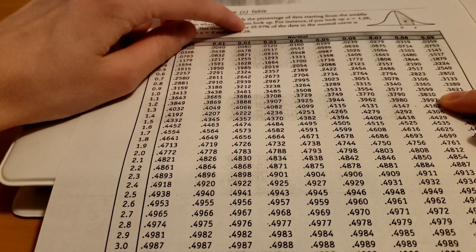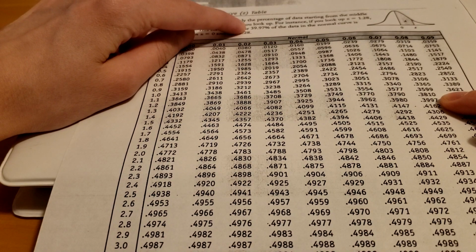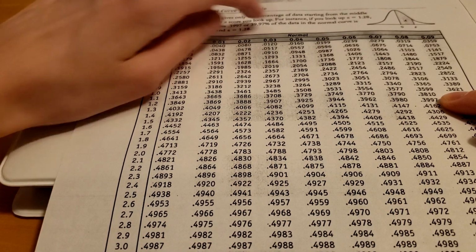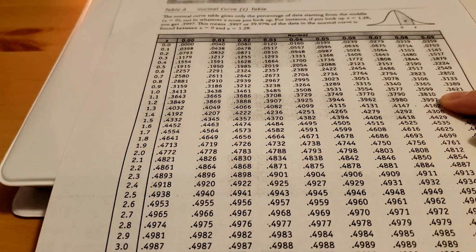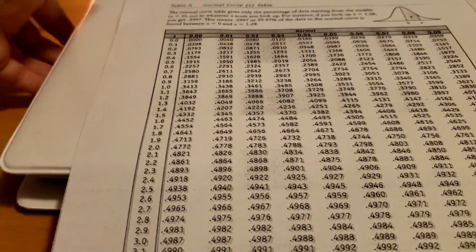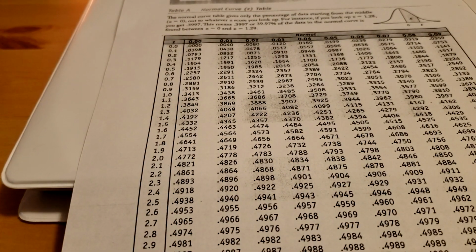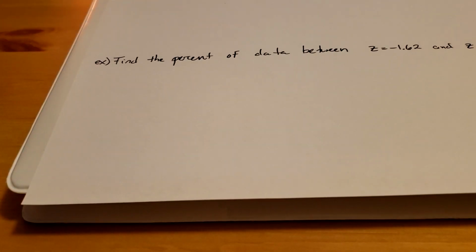So that tells us we have about 39.97% of the data in that section between 0 and z equal to 1.28. Now let's take a look at some examples of finding area this way.